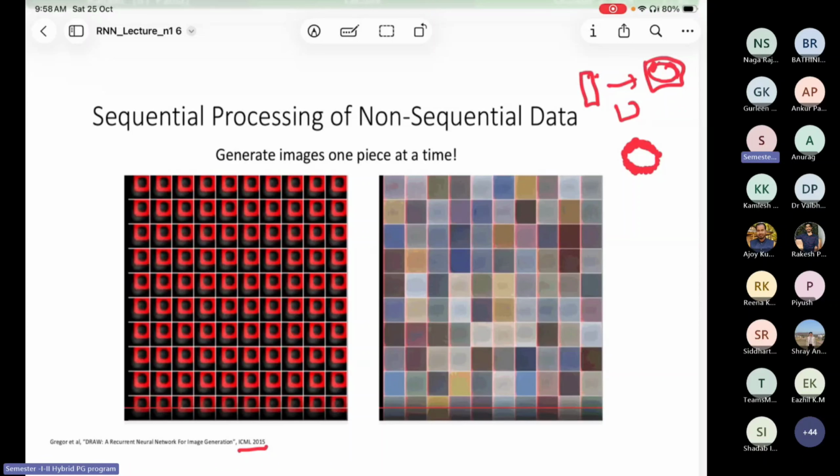Okay, but again, let me just tell you that at the time all these things came, CNN was the most popular type of layer which had been used at multiple places. But all these things were just trial and error.